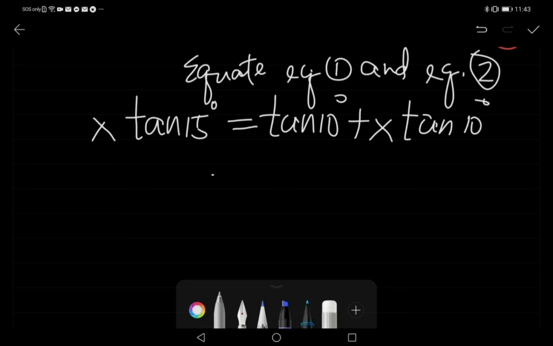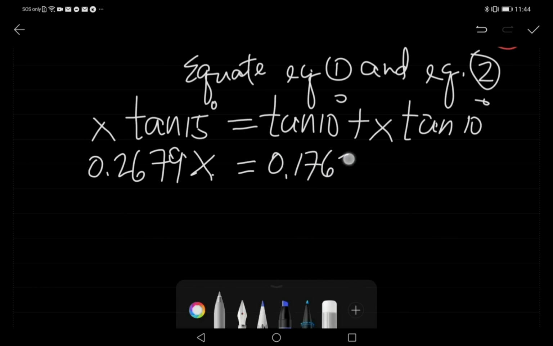So the value for tangent 15 is 0.2679 x, and the value for tangent 10 degrees is 0.1763 plus tangent 10 is 0.1763 x.